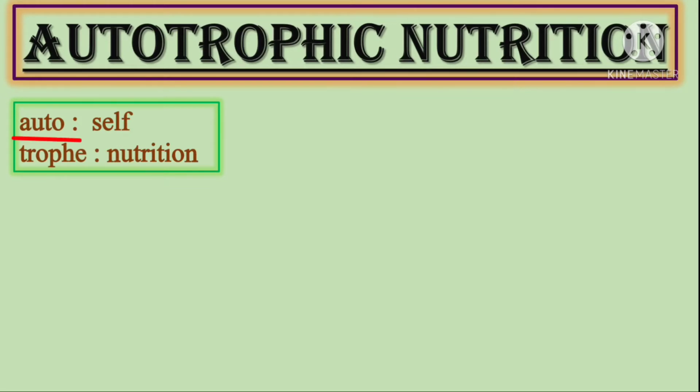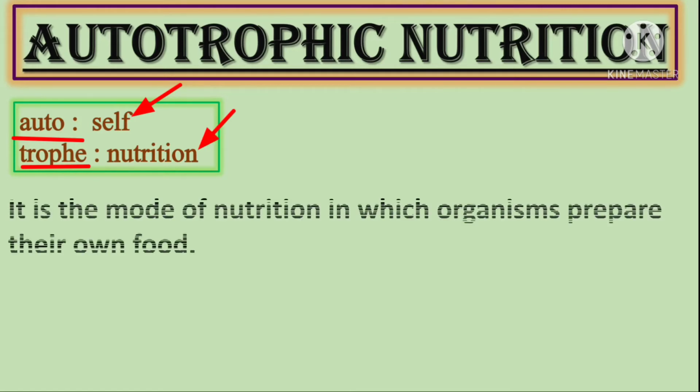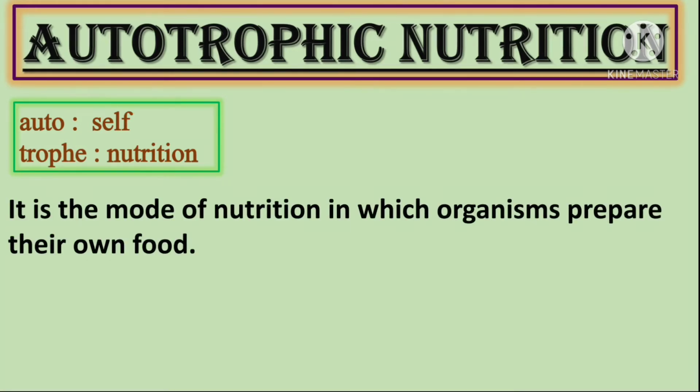Now, this term autotrophic is itself made up of two terms, auto and troph. Auto means self and troph means nutrition. So autotrophic nutrition is the mode of nutrition in which organisms prepare their own food.